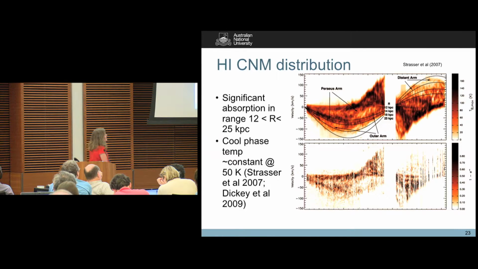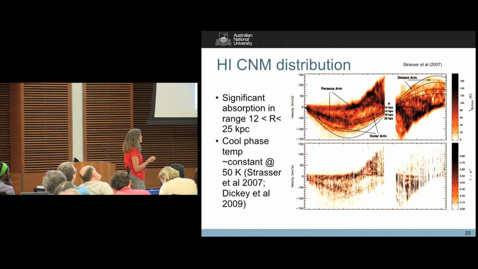We know that the cold neutral medium is distributed throughout the disk. If you look in the disk, we see it all the way out to galactocentric radii of 25 kiloparsecs. What we're looking at here is from Simon Strasser et al.'s paper, where the top panel is H I in emission, and the bottom is H I in absorption.